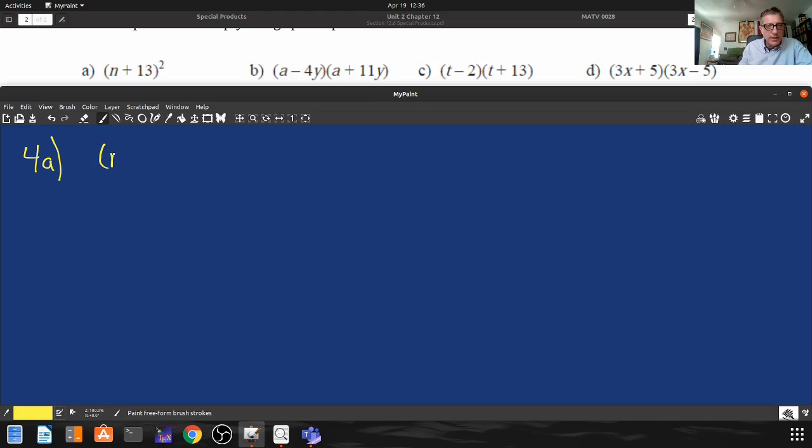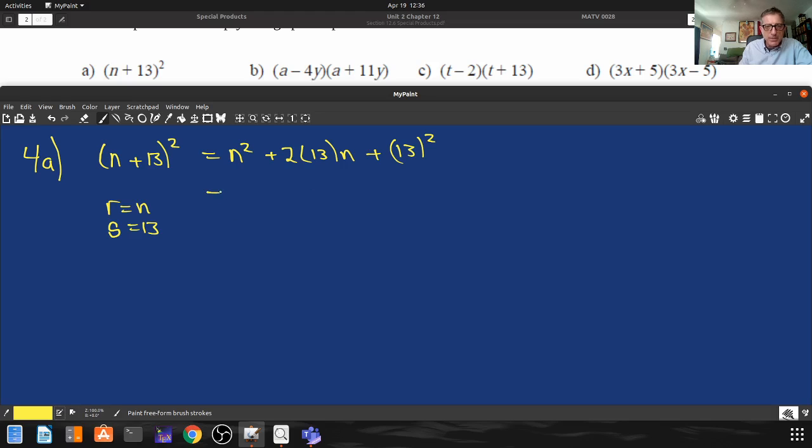So n plus 13 squared. r is equal to n. s is equal to 13. So this is r squared plus 2 times s times r plus s squared, which is n squared plus 2 times 13 times n plus 13 squared.